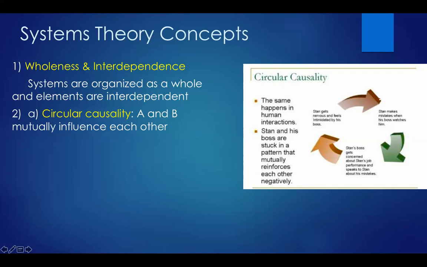Then Stan's boss gets concerned about Stan's job performance because he was watching him and speaks to Stan about his mistakes, which then makes Stan more nervous and more intimidated. And so this is just showing how one behavior is often influenced by another person and then becomes circular and growing off of each other.